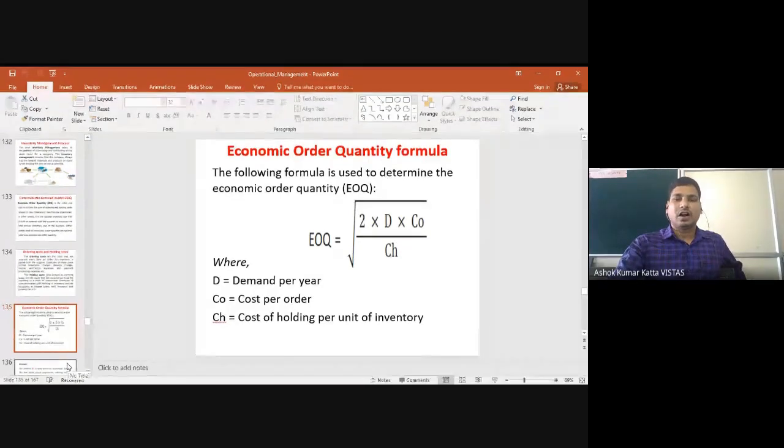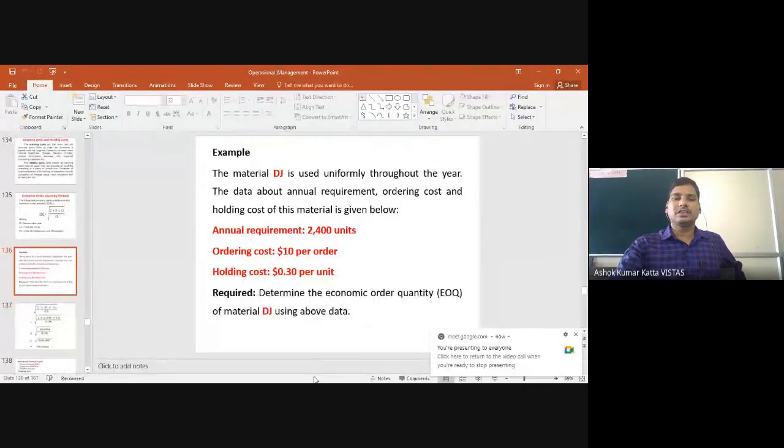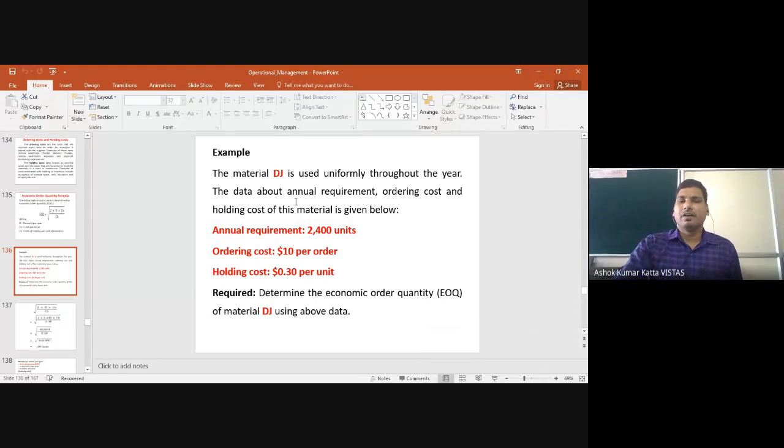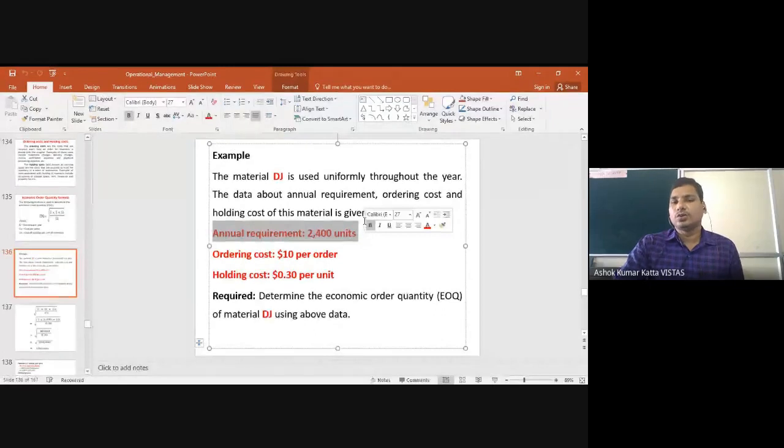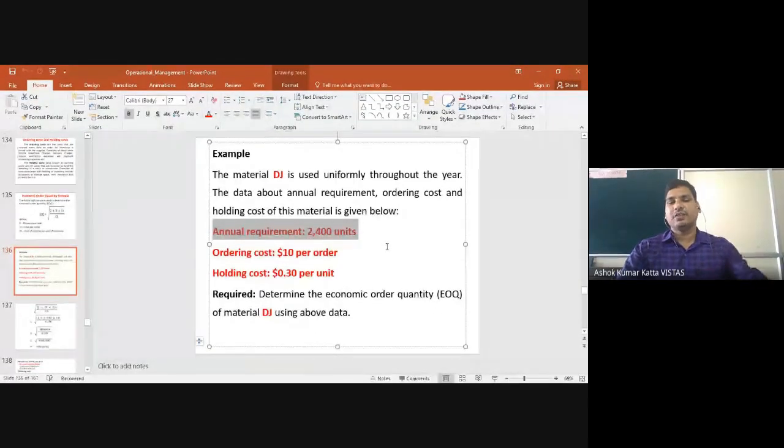Now, after knowing this formula, we'll see example one. There is a company called DJ company, and this company is manufacturing some sort of products. The problem says they have an annual demand of 2,400 units.